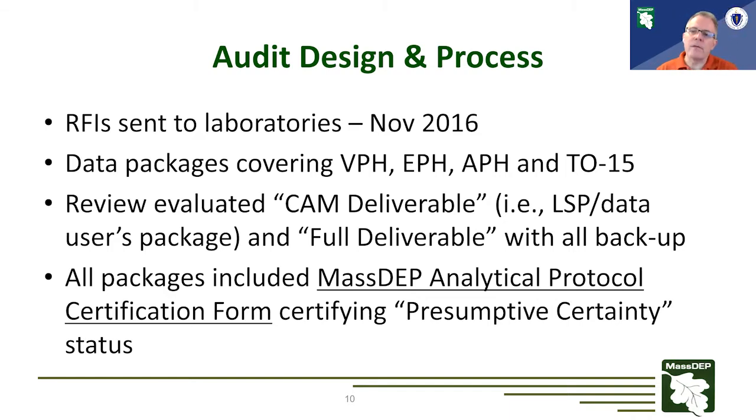We asked for information for 38 data packages, or depending how you count that, 48 different or 42 different sets of analyses that covered VPH, EPH, APH, and TO15. Not every single lab did all 4 of these analyses in this audit, but all 4 of these analyses were part of this audit and were covered collectively.